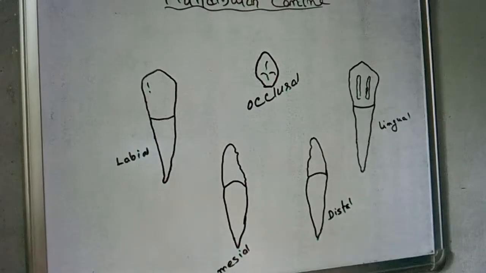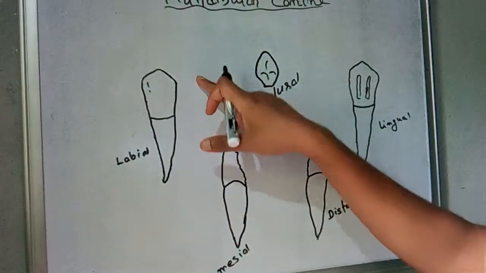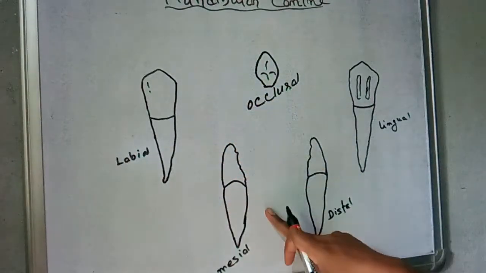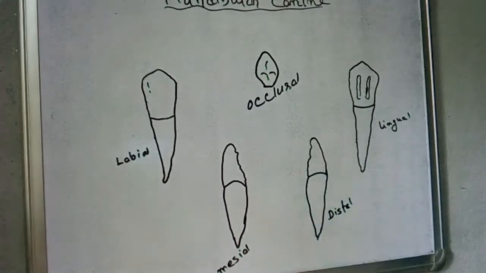The root may be as long as the maxillary canine, but it may be somewhat smaller. Now let's talk about the labial aspect. The mesiodistal dimension of the mandibular canine is less than that of the maxillary canine.